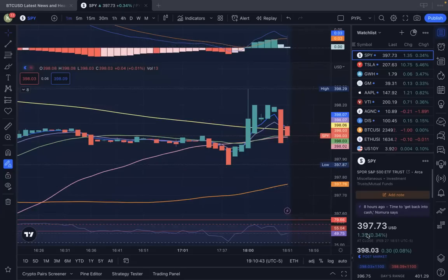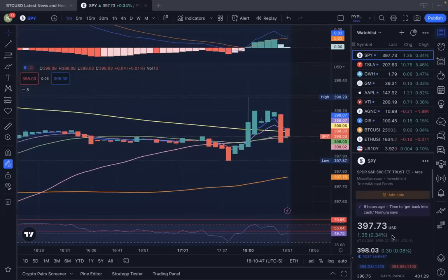Well, it says it's at 397 after hours. Yep, it went down to 397. Like I said, it would have done that because, yeah, 1 minute chart, so you can't really trust that. But right now you can see that the closest range to it would have been 397.